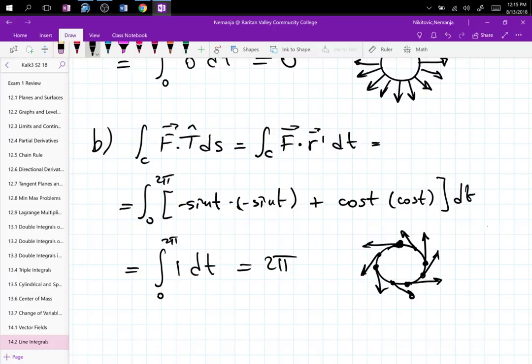Is there circulation at the orbit of the planet around the sun? Hell yes, right? Is there circulation on the surface of the sun, looking at the UV radiation it has? No. Very good. No. Why? Because the sun is a radial field when it comes to UV radiation. It radiates energy everywhere equally, right?